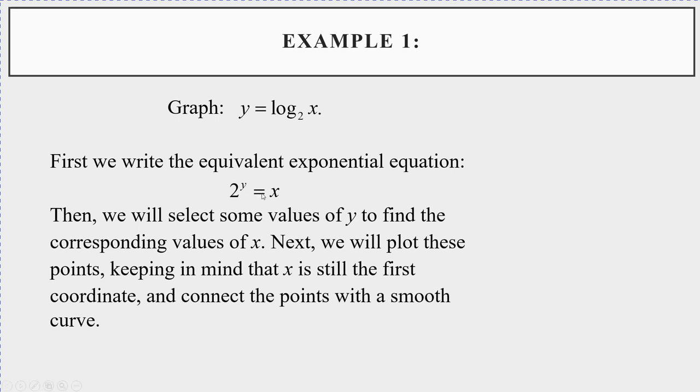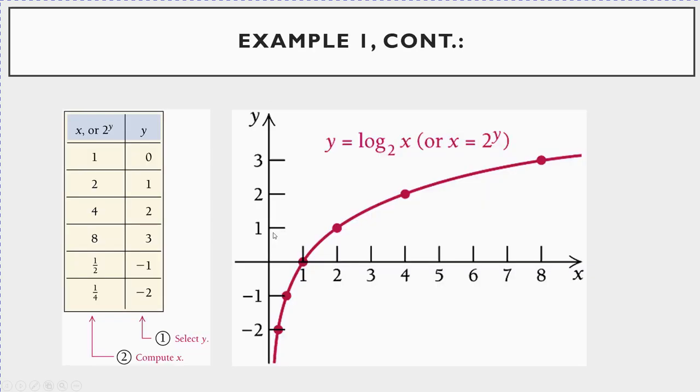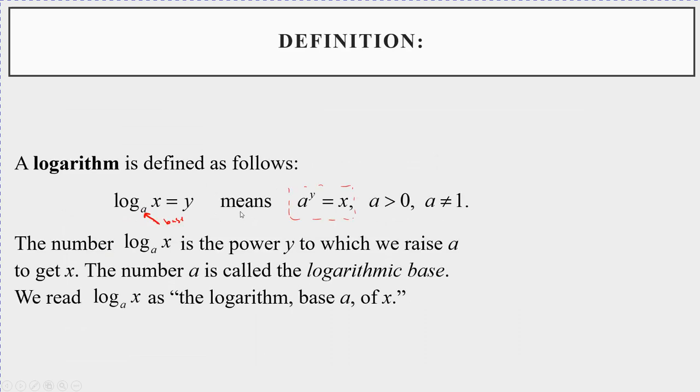Next, we plot these points, but keep in mind that when you plot ordered pairs, the x is always the first coordinate. Normally you take x, plug it into the equation and get y. Here we take y, plug it into the equation and get x.